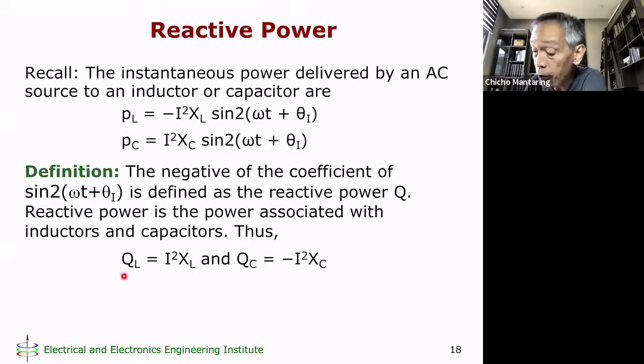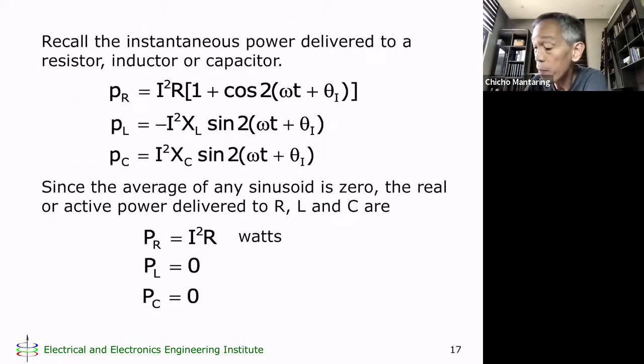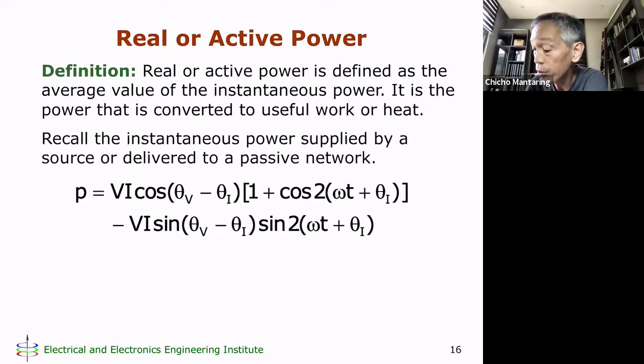So the reactive power associated with an inductance is I squared XL, where I is the RMS value of the current through the inductance. And the reactive power associated with a capacitance is negative I squared XC. Okay. So again, let me go back to this expression.